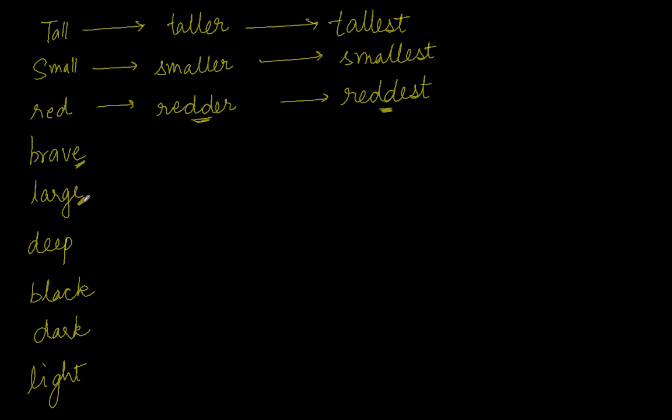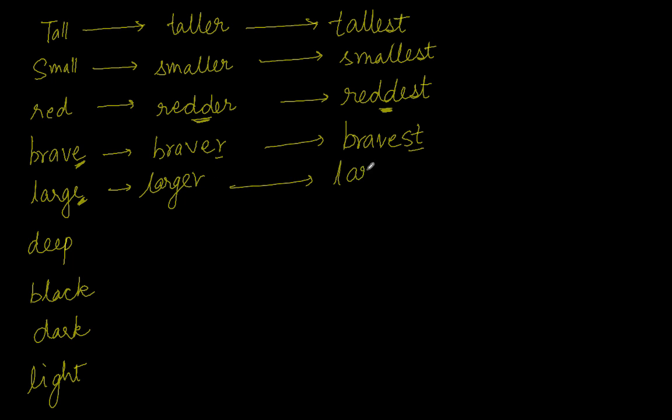Words that already end with E, you don't need to add ER, you need to add just an R. So brave becomes braver, and then bravest. You just need to add the ST and the R. Similarly, large becomes larger, and largest.